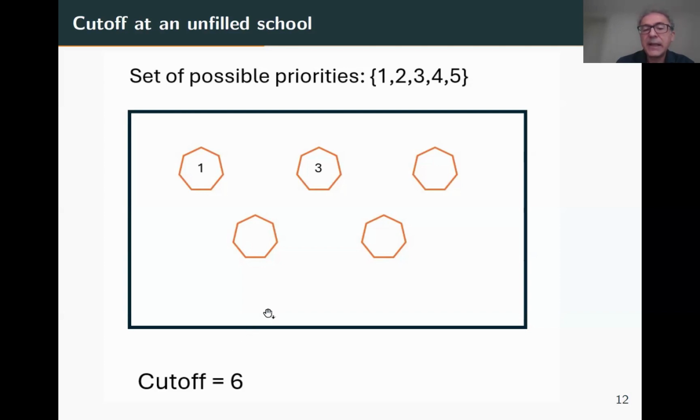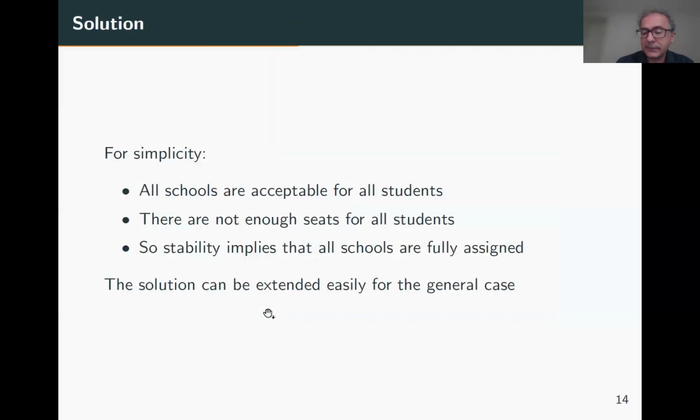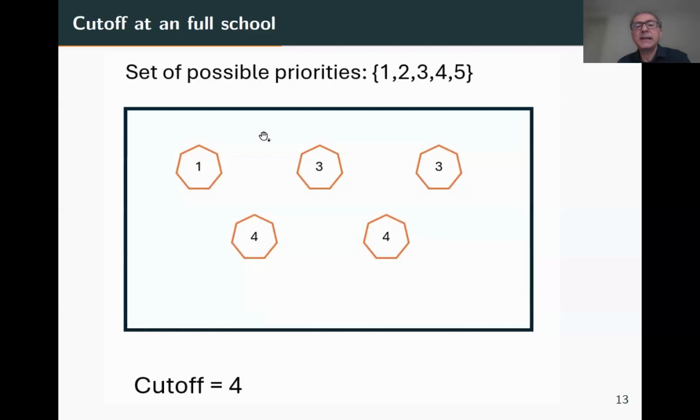If the school is filled up, here's another school with 5 seats. There's 1 student with priority 1, 2 students with priority 3, and 4 students with priority 4. All seats are gone. And the cutoff here is the priority of the lowest priority among all the students who are assigned. In this case, it's going to be number 4.